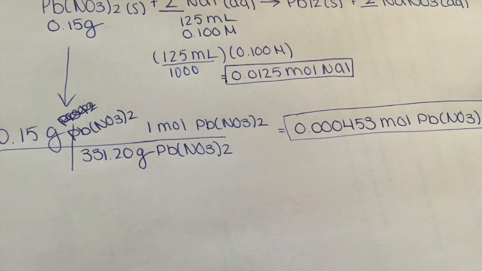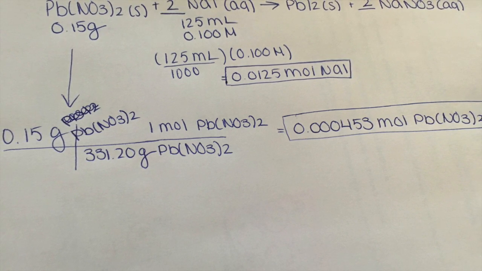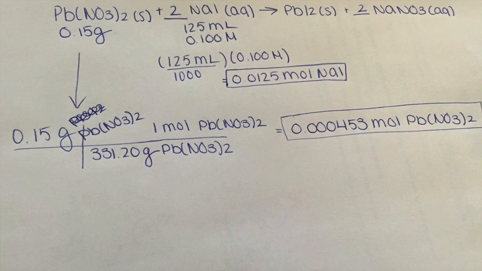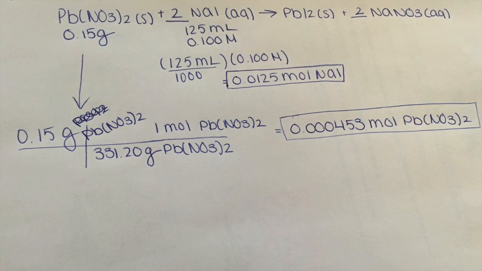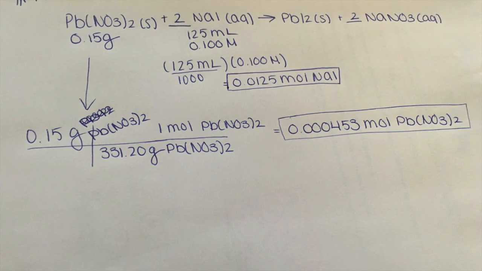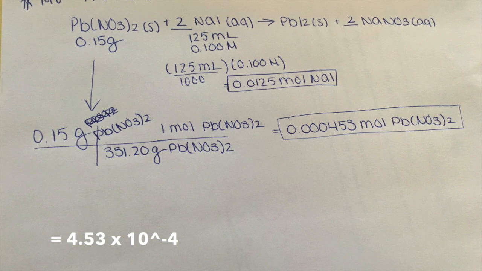We divide 0.15 grams of Pb(NO3)2 by the molar mass of 331.20 grams. We get the answer 0.000453 moles of Pb(NO3)2, or 4.53 times 10 to the negative fourth.